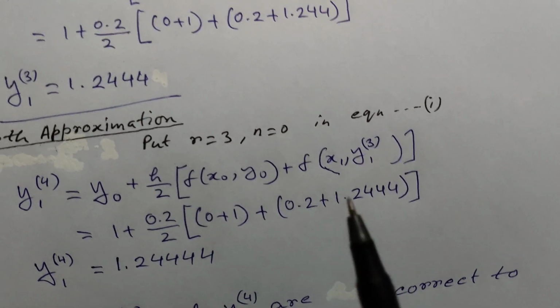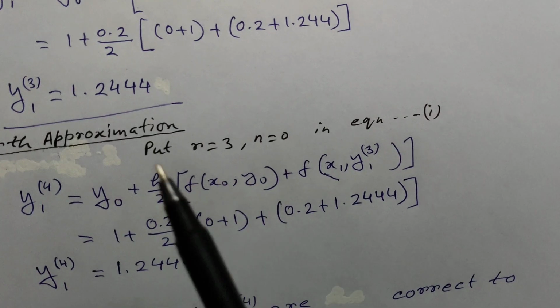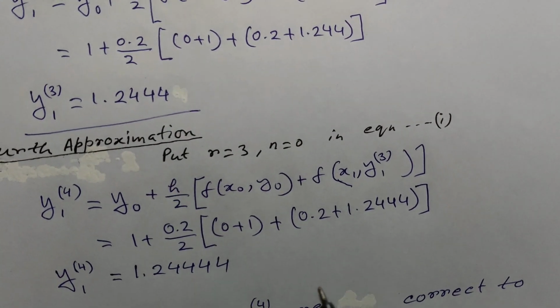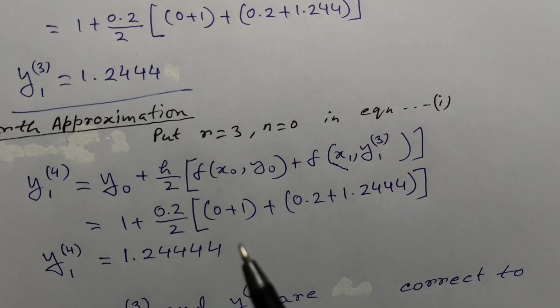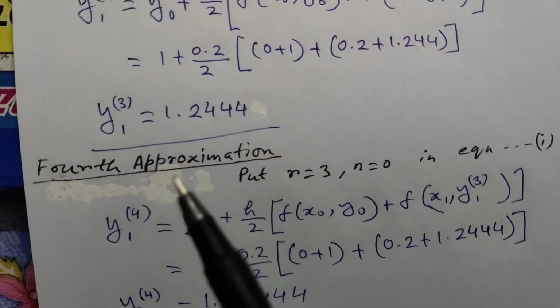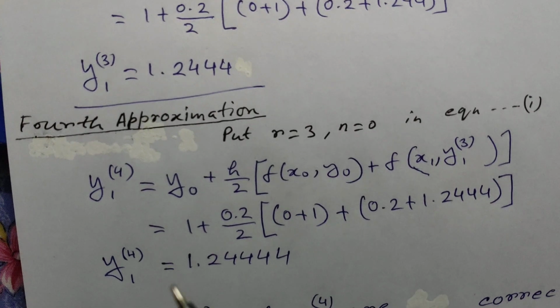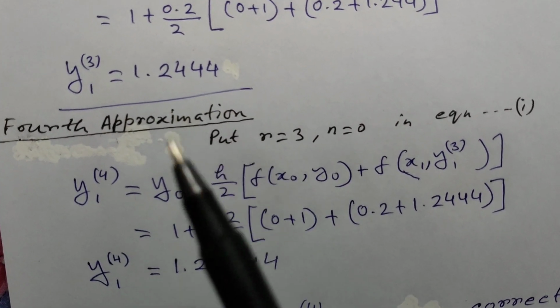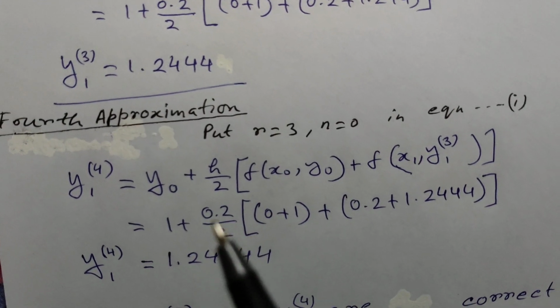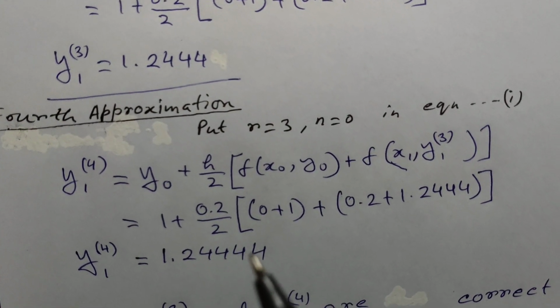And putting all these values, we get y1^(4) equals 1.2444. Now see, the values y1^(3) and y1^(4) are producing the same value correct to 4 decimal places.